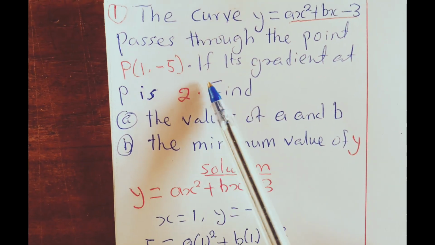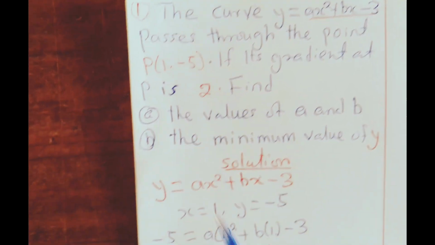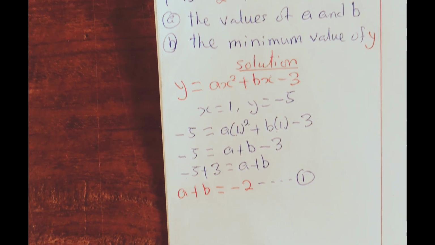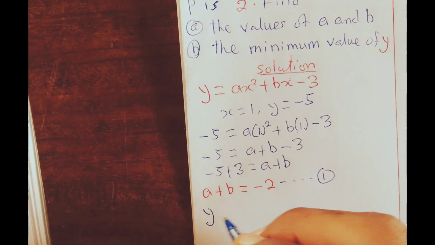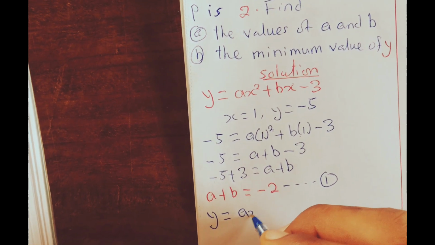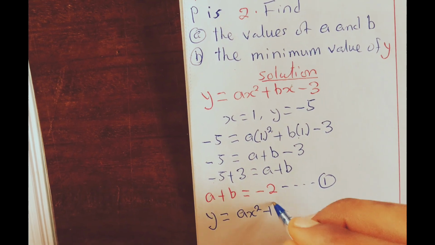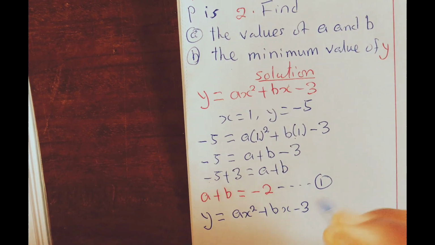So the gradient is dy over dx. Let me rewrite the curve down. The curve is y is equal to ax squared plus bx minus 3.